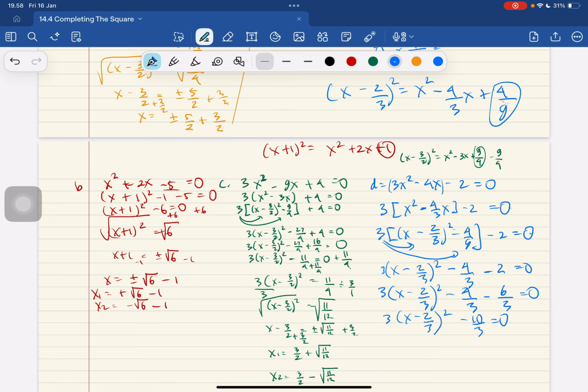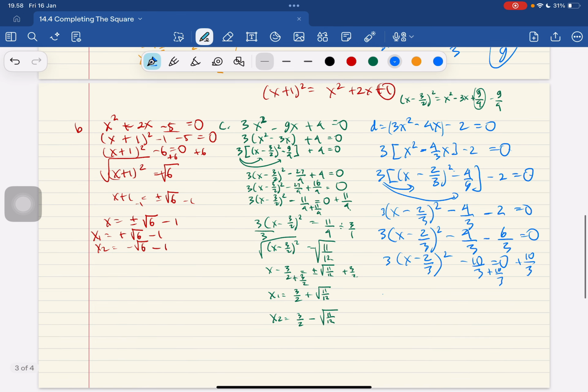Okay, to get rid of it, we add 10 over 3 to both sides. So we got 3 times (x minus 2 over 3) squared equal to 10 over 3. Get rid of this number 3, so we divide by 3 on both sides.